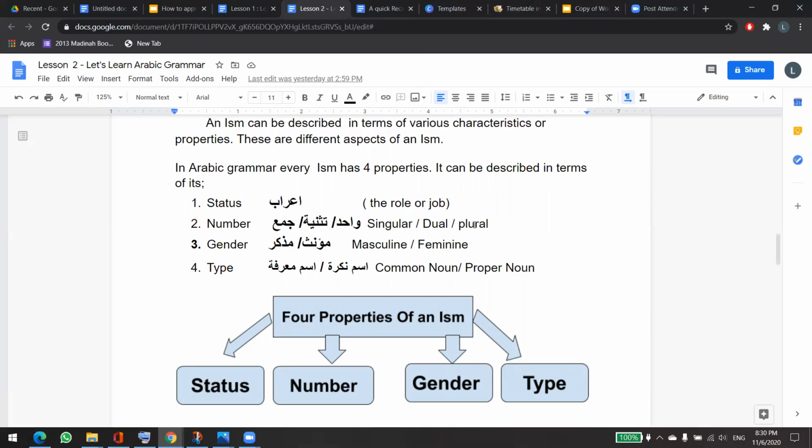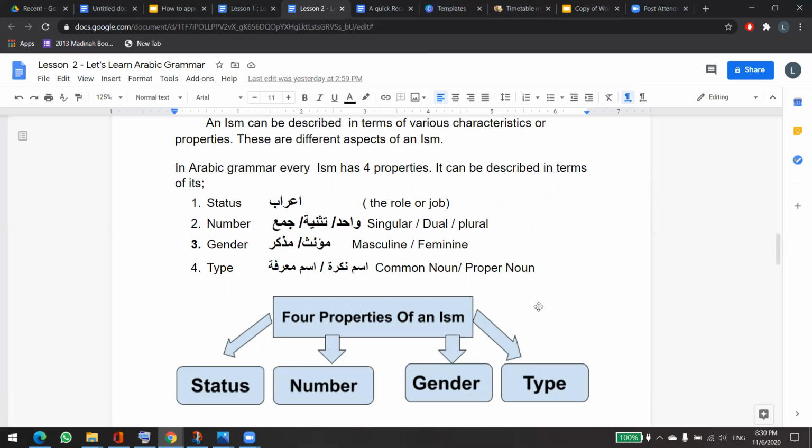But in Arabic, there are three types of number: singular, dual, and plural. Like one book, two books, three or more books. Okay, like one room, two rooms, three or more rooms. So in Arabic, there are three kinds of number.